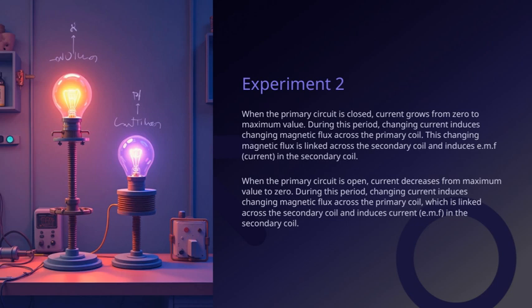This entire process highlights the fundamental principle of electromagnetic induction, how a changing current in one coil can induce a current in another coil through the magnetic flux linkage. It's a core concept that underpins transformers and many other electrical devices.